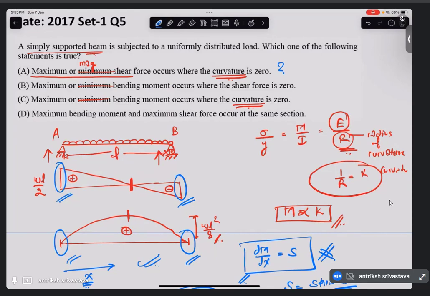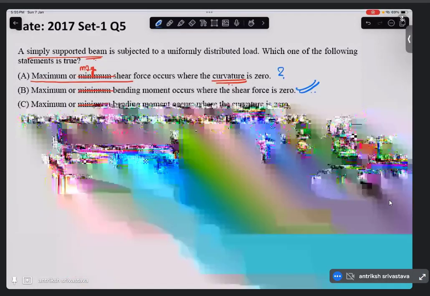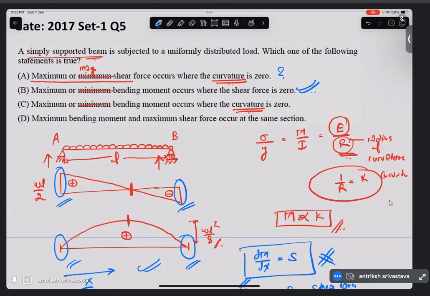That means the shear force is zero. So the second option makes sense, and that is the answer that most of the coaching institutes and most of the solutions have given. But option one can also be the answer in this case, right? So I want you to know that this question was a little bit ambiguous.